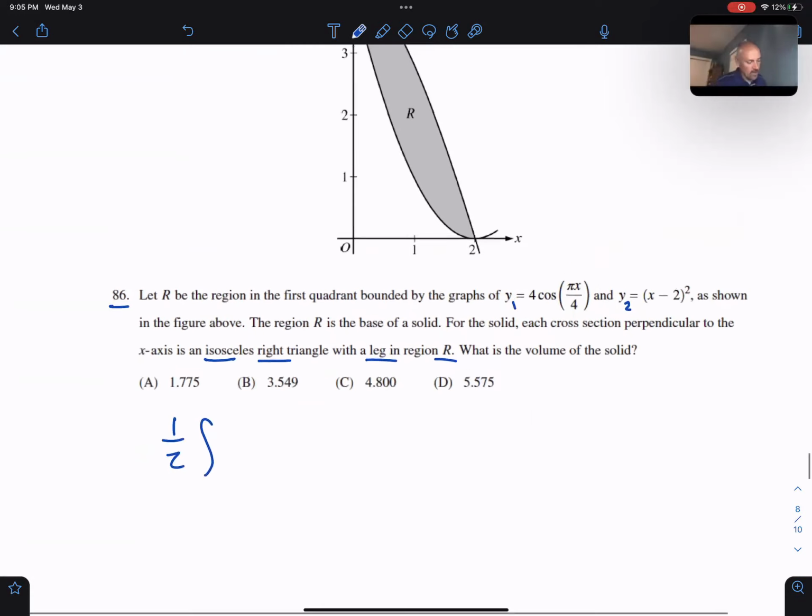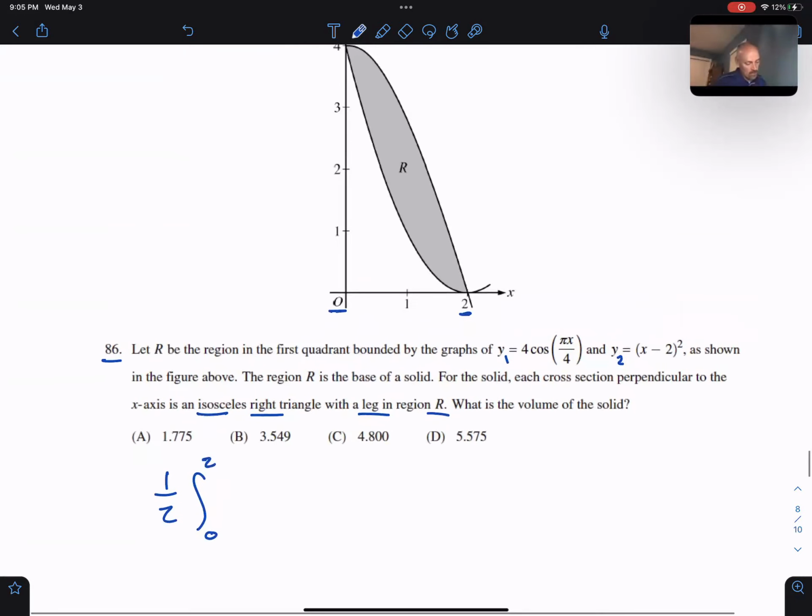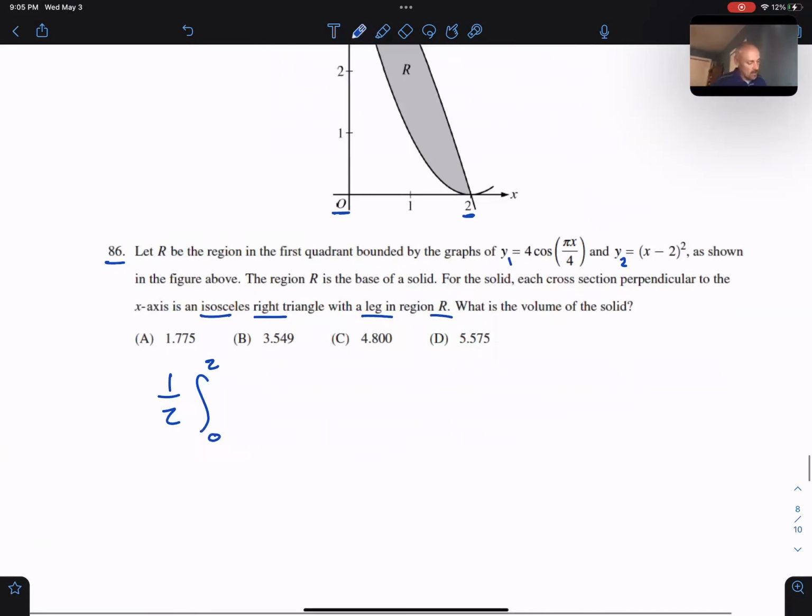It's the integral from 0 to 2. It's really not going to matter which is which, since I'm going to square this, so I'm just going to go y1 minus y2 squared dx. Now I've just got to put that in my calculator and off I go.